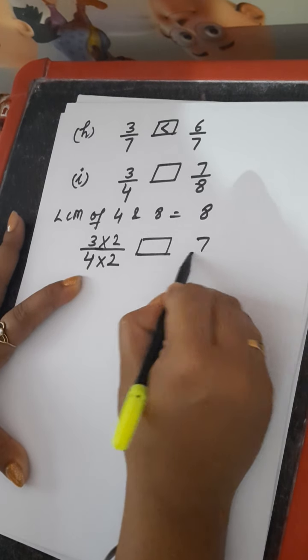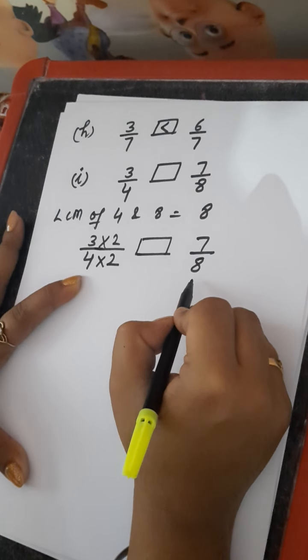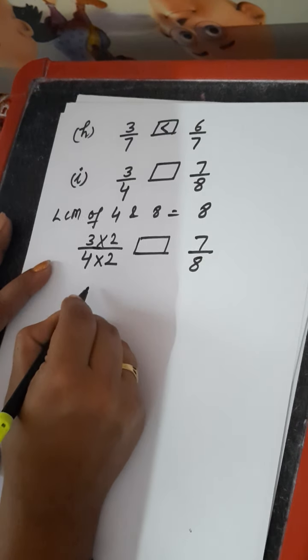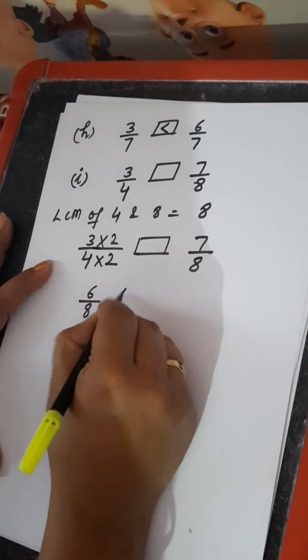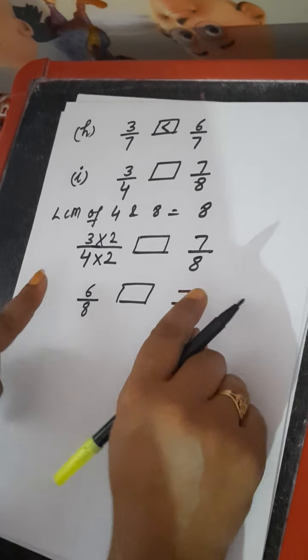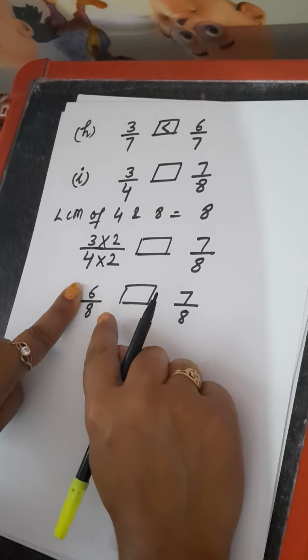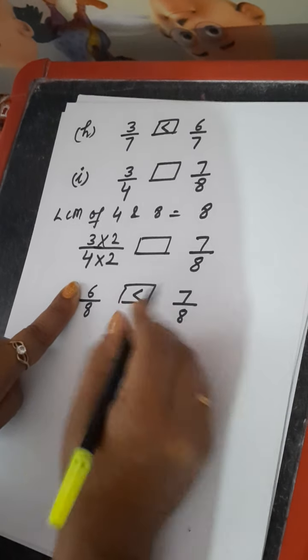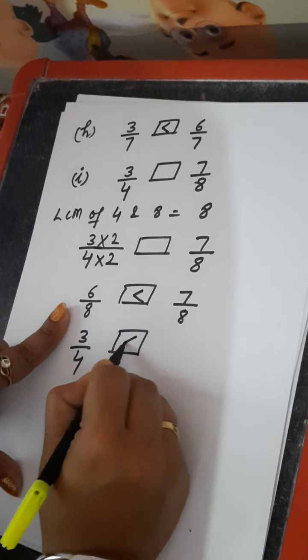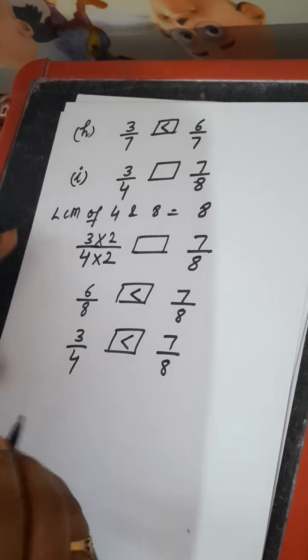And here this 7 upon 8 as it is, because we have 8 in the denominator and LCM is also 8. So I have 6 upon 8. I have 7 upon 8. Now denominators are same. Compare the numerators. 6 upon 8 is lesser than 7 upon 8. I can say that 3 upon 4 is lesser than 7 upon 8.